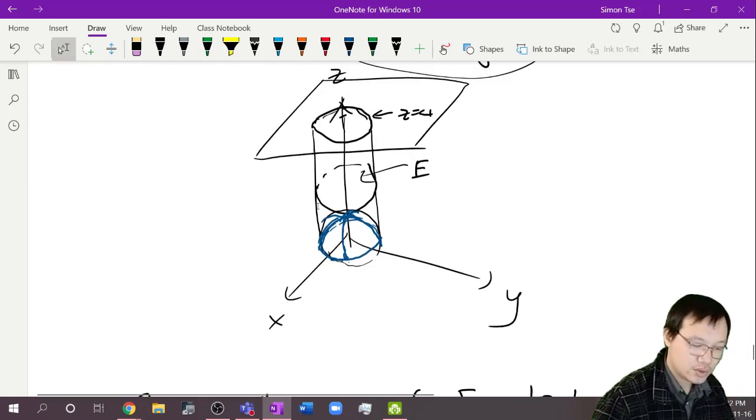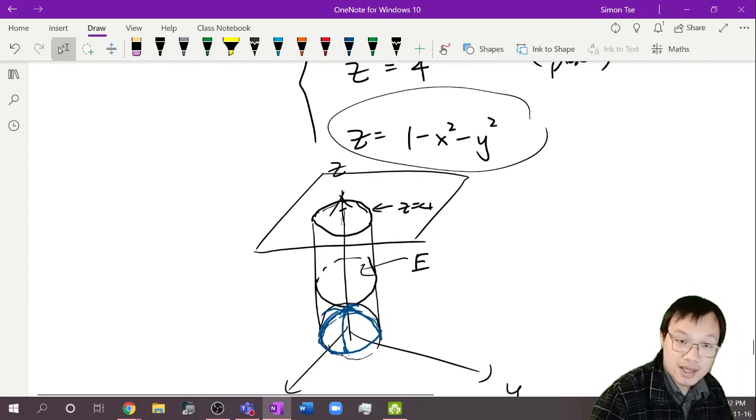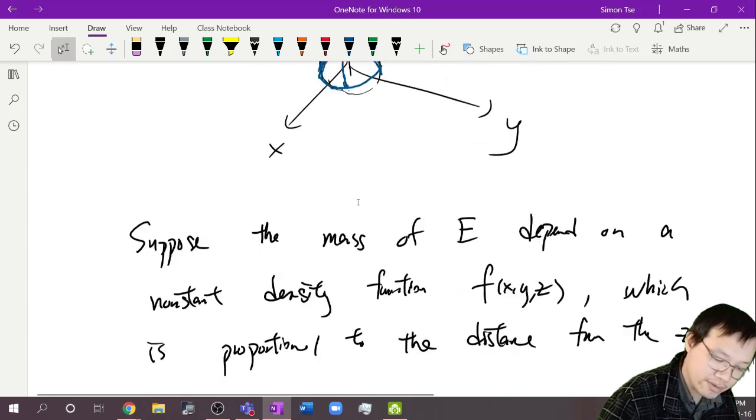Okay? So you're going to have the densest part inside and less and less dense outside, perhaps. Or the other way around.